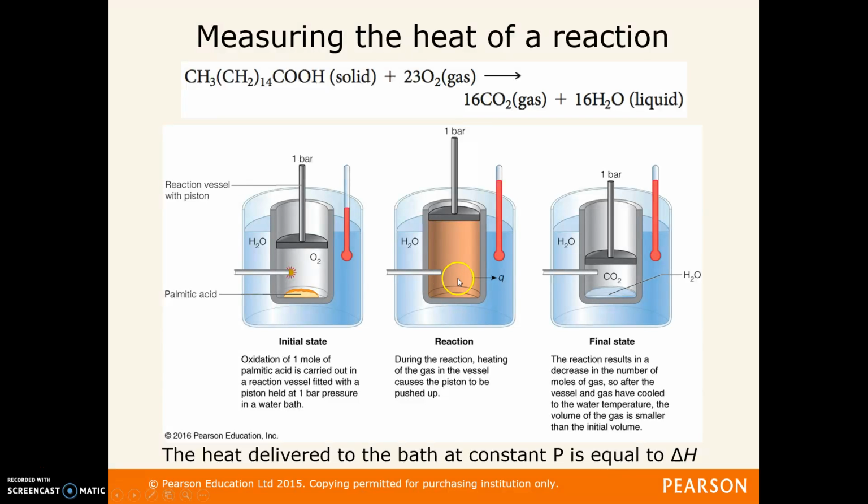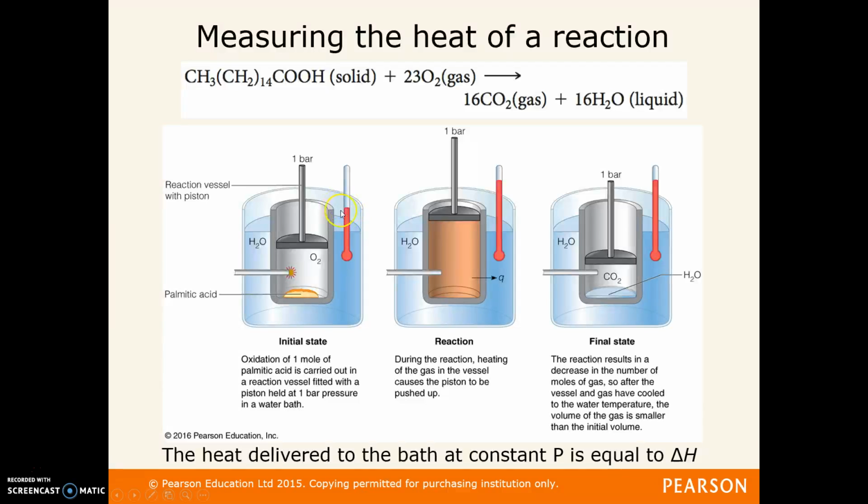That heat is then going to be transferred into the surrounding liquid. After this reaction is finished, the gases will start to recondense as the temperature transfers to the water, and then you'll come back down, and what you have left over is CO2 and water. But the surrounding water jacket has an elevated temperature.